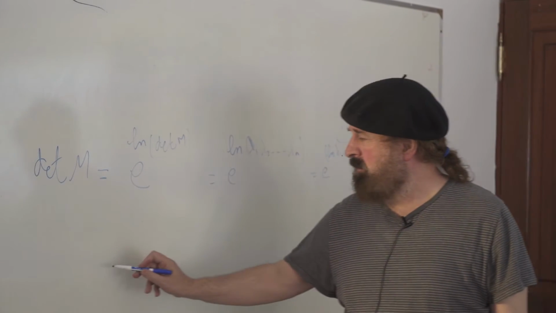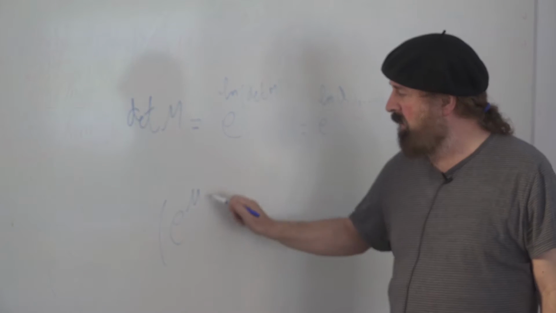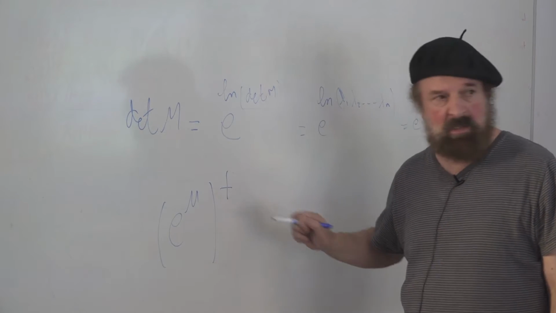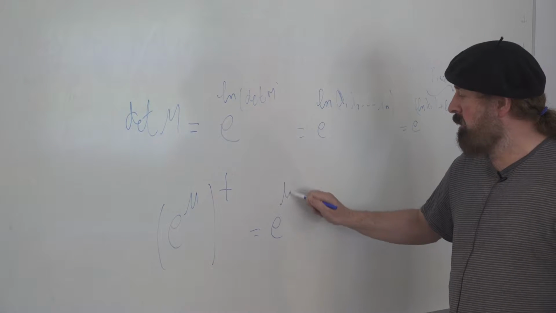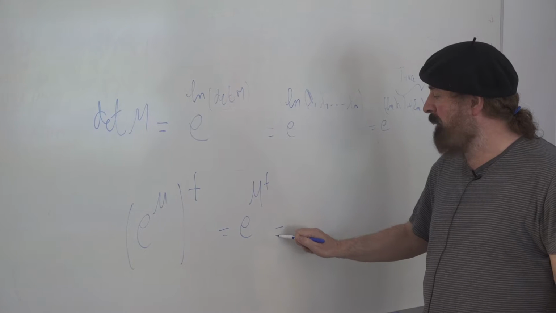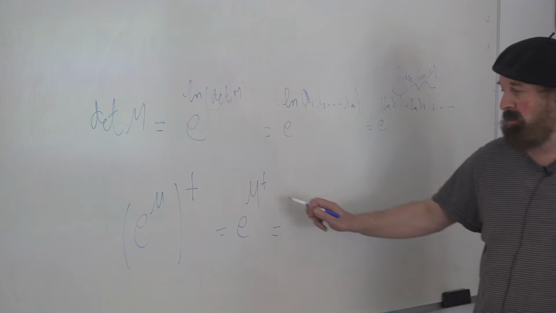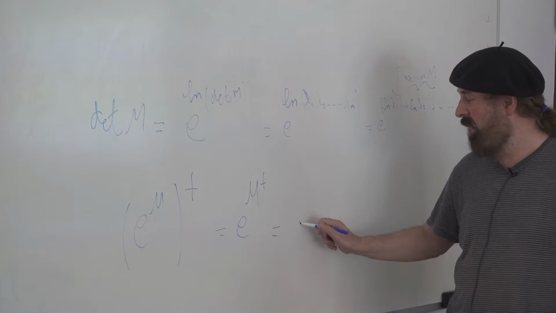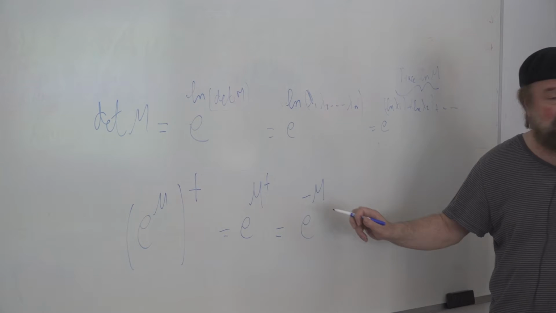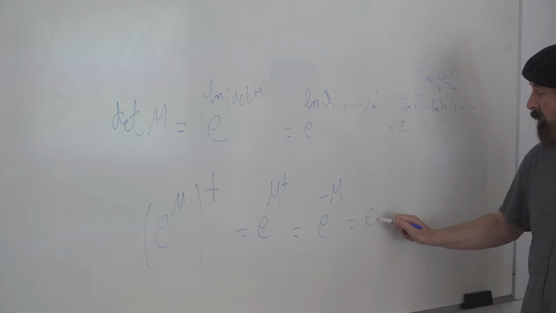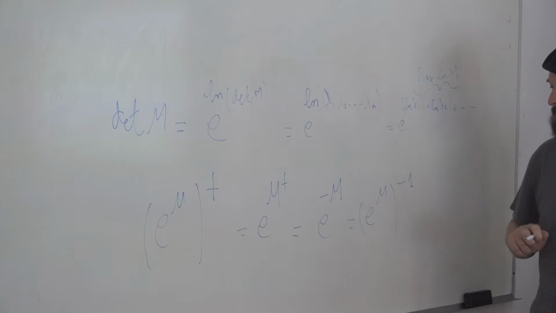So let's suppose I take the Hermitian adjoint. If my matrix is anti-Hermitian, this means that the Hermitian conjugate is minus the matrix. And why do I want to have a minus? Because when I have a minus, I can write this matrix as the inverse like this.